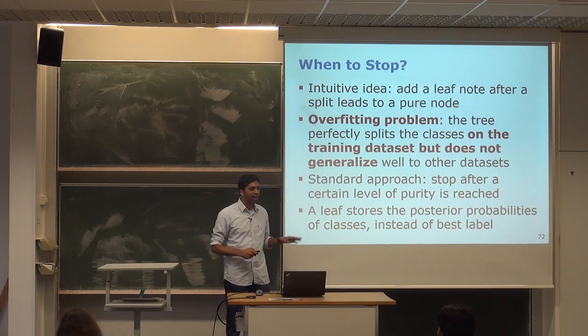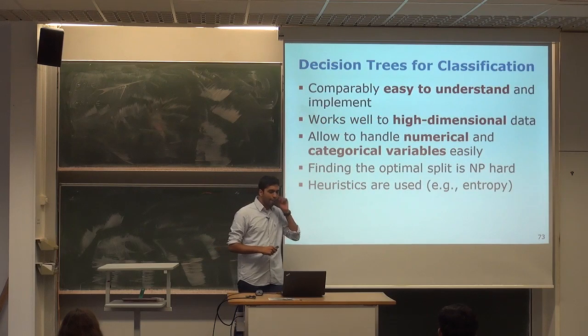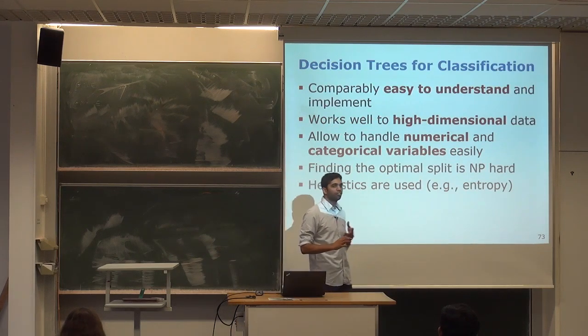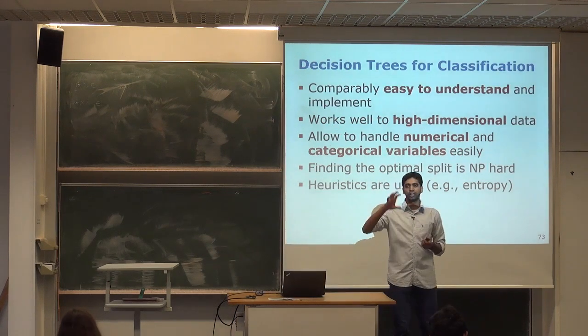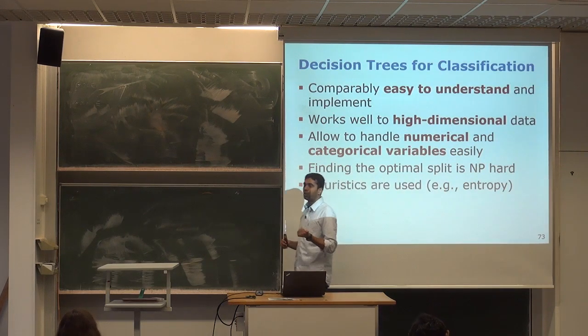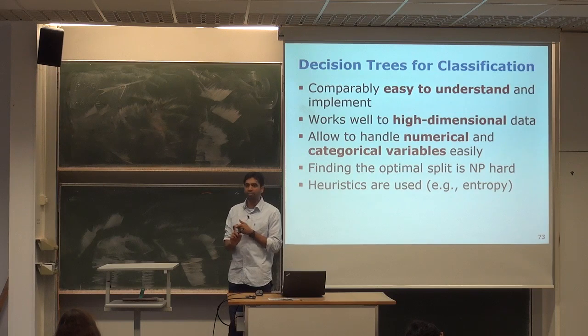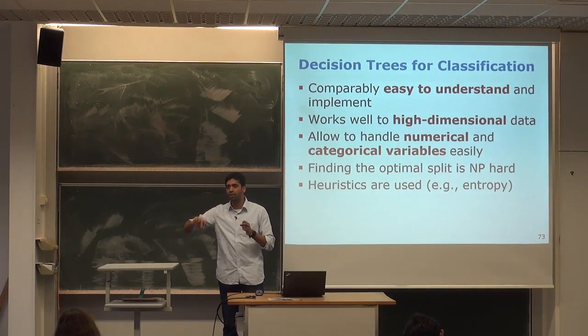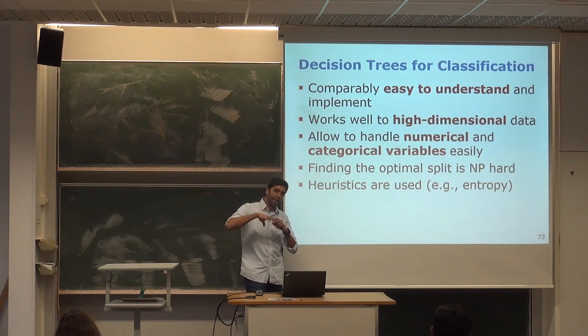Right? And just as a summary, decision trees are intuitive because there is a series of questions that you must ask. And the other advantage is that it works quite well in high dimensional data. So you could ask questions of each dimension and it adapts well to high dimensional data. And also the nice part here is you could ask different kinds of questions.